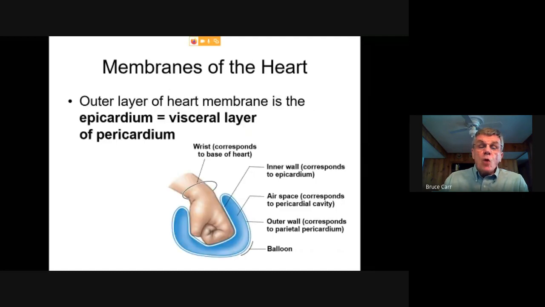This kind of double wall construction is illustrated by this fist in a balloon idea, showing you that this is a continuous membrane that can maintain a fluid content and fluid pressure.